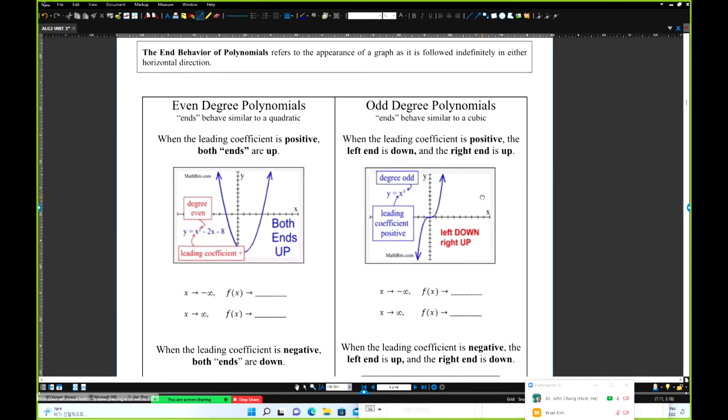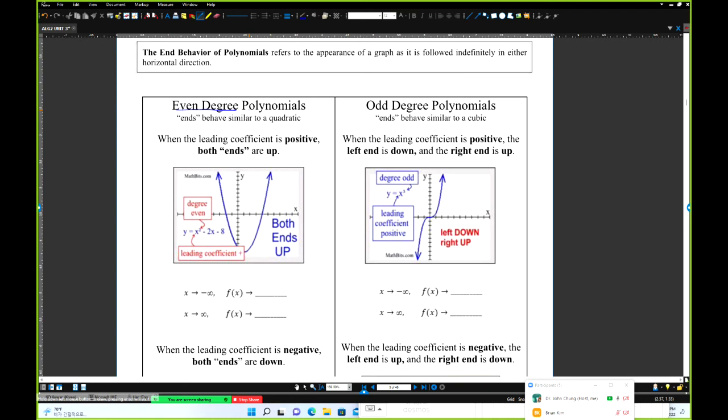Summarize. The end behavior of a polynomial. Polynomial is what? Negative infinity to positive infinity. That's the domain. Okay, when x goes to infinity, even degree, both go in the same direction, but it depends on the leading coefficient, right?